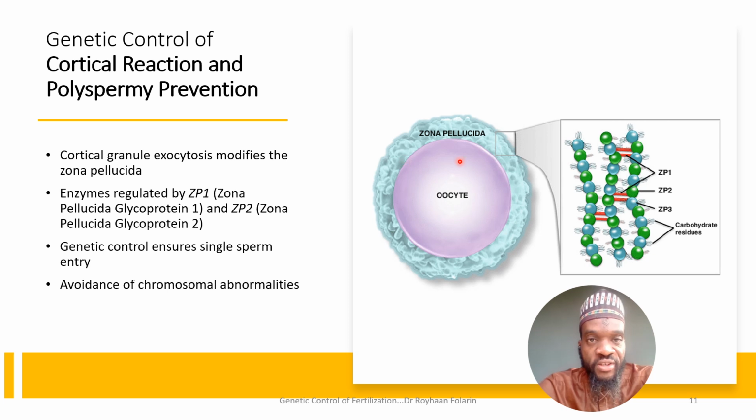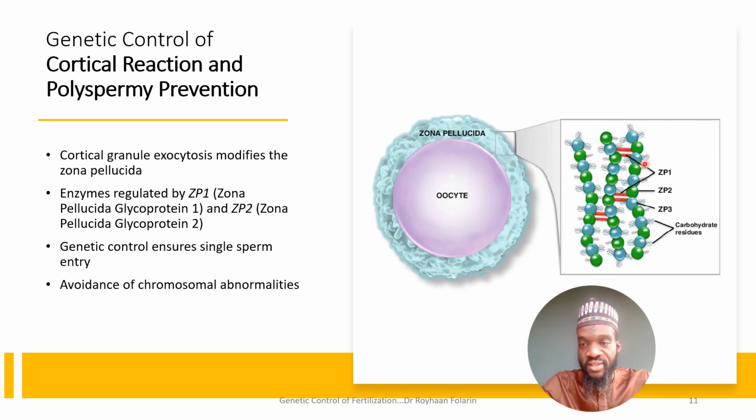And then polyspermy prevention is also vital to ensure that we have a viable zygote. Upon entry of the lucky sperm, the cortical granules release enzymes that then harden the zona pellucida, so that no other sperm can come in. To make this happen, you have genes like ZP1, that's zona pellucida glycoprotein 1, and ZP2, regulating this process to ensure that only one sperm fertilizes the egg, thus avoiding chromosomal abnormalities.